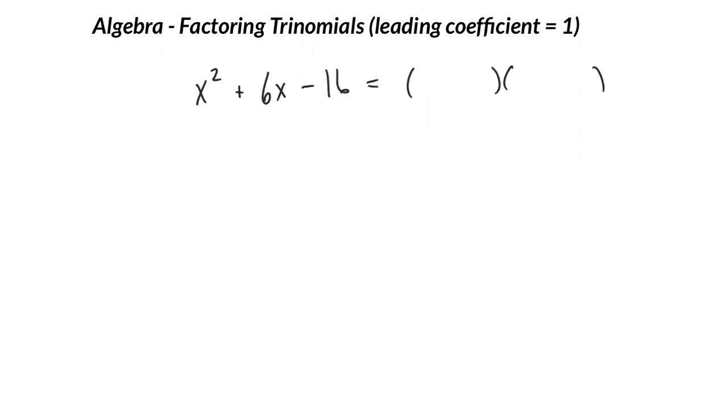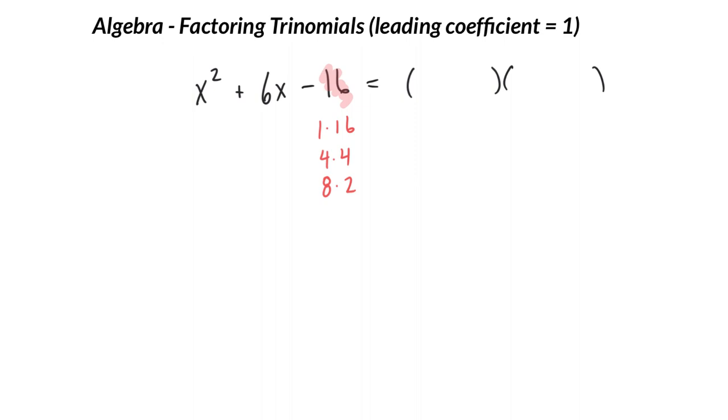Let's do another. Now, this one is a little bit different. Notice that I am subtracting here. So I'm going to ignore for a second that that's a subtraction, and I am once again just going to list my factors. So 1 times 16, 4 times 4, and 8 times 2. But since we have a negative, one of each of these pairs has to be negative because a negative times a positive is negative.